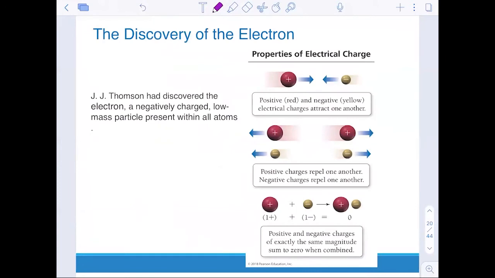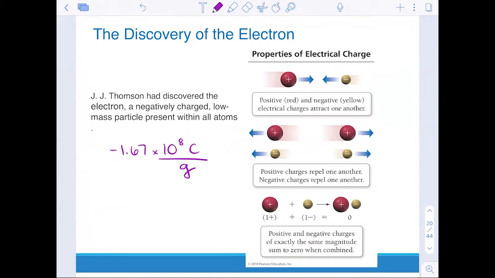Now, what he was able to give us was the idea that the electron was negatively charged. And it was a low mass particle. The charge, negative 1.76 times 10 to the 8 coulombs per gram. That idea tells us the numerator is very, very big. The denominator is very, very small.